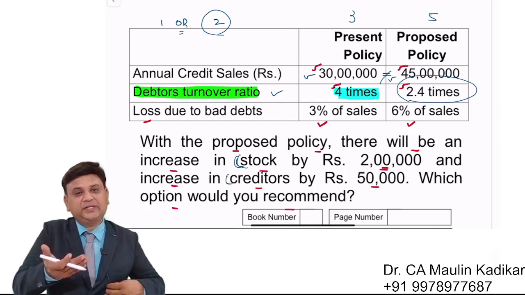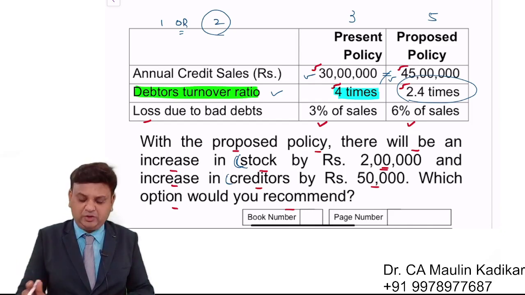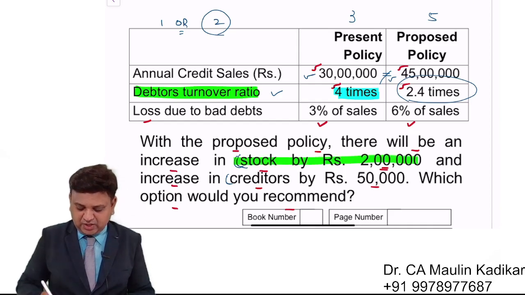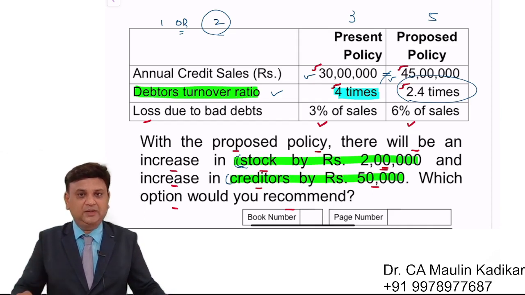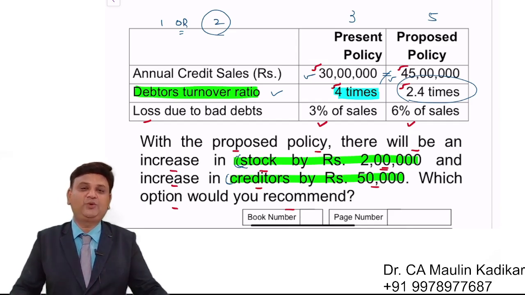How to incorporate the same in decision making is what we are going to discuss slightly later on. For the time being, we understand that the increase in the stock and increase in the creditors given in this question is new information.